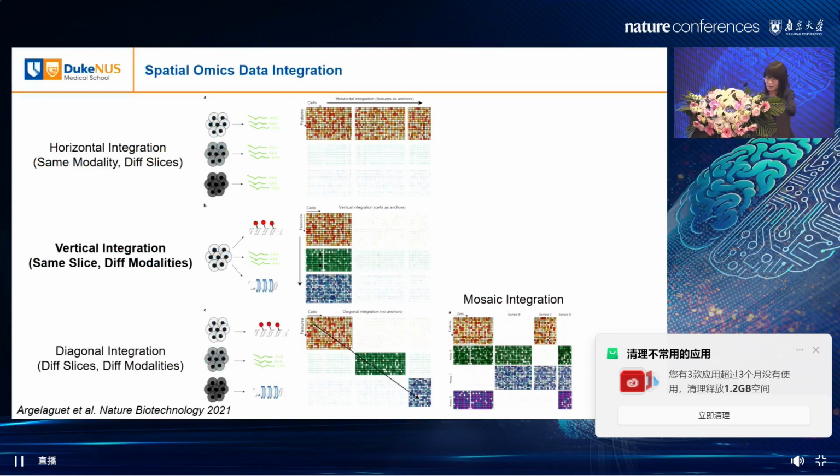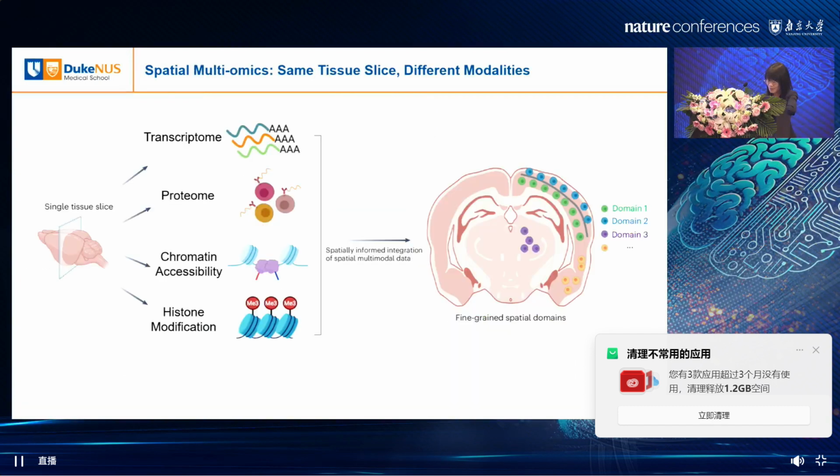And then the second type of integration I would like to talk about is the data acquired from the same tissue slide, but have more than one omics. Such data comes from a technology called spatial multi-omics, which simultaneously measures more than one omics, such as transcriptomics, proteomics, chromatin accessibility, and histone modifications from the same tissue slides.